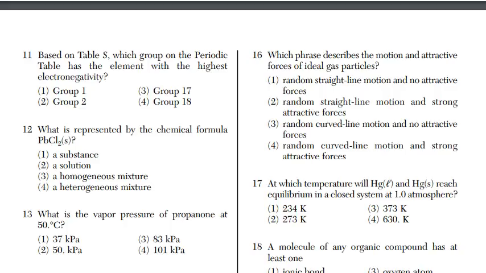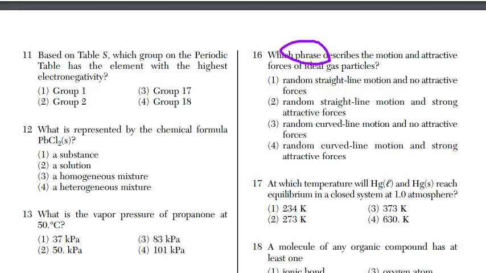It's asking about a phrase that describes the motion and attractive forces of ideal gas particles. So once again, you're supposed to know what the phrase is. When we're dealing with ideal gases, we're dealing with this theory called kinetic molecular theory, and we're saying gas particles, if they're ideal, are following certain protocol. One of them is that they move in a straight line.